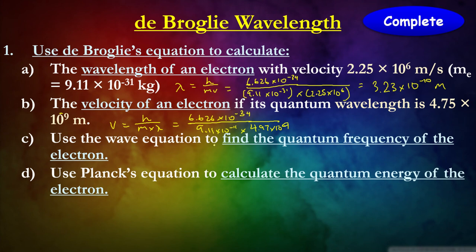Use the wave equation to find the quantum frequency of the electron. So we're using just velocity, frequency, wavelength there, and then obviously calculate the energy, so we use Planck's equation here like so.